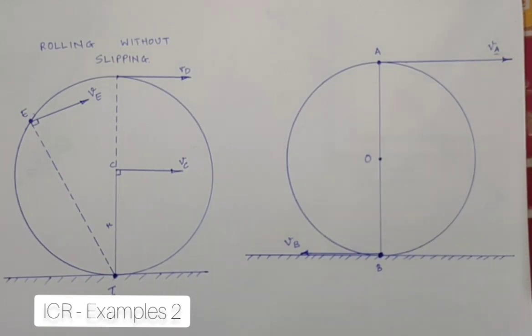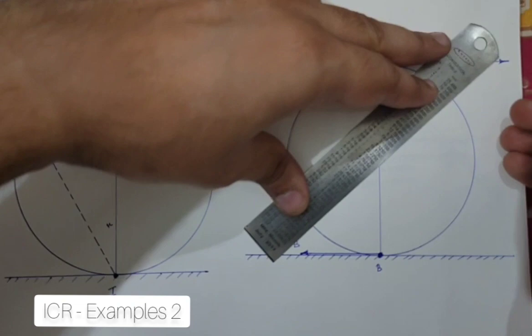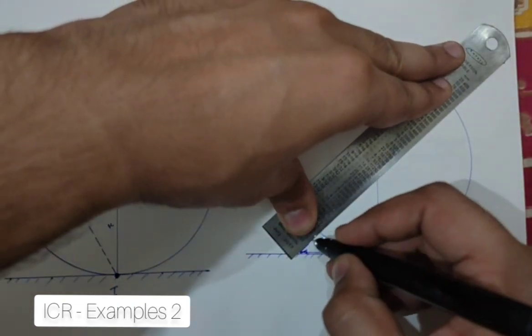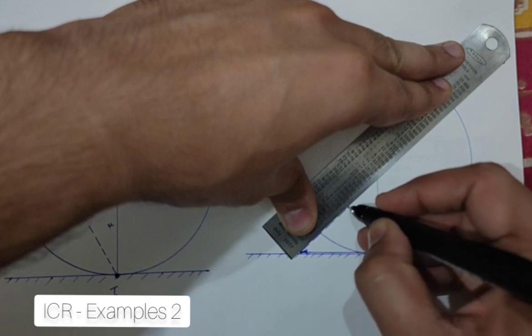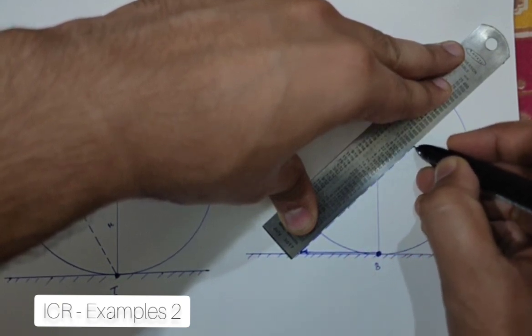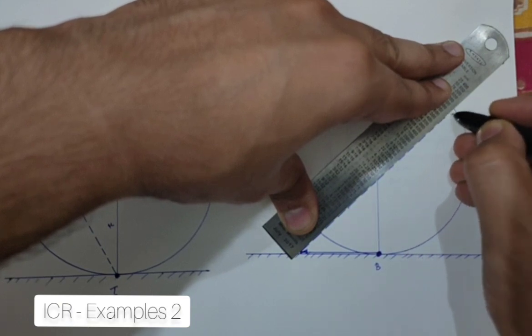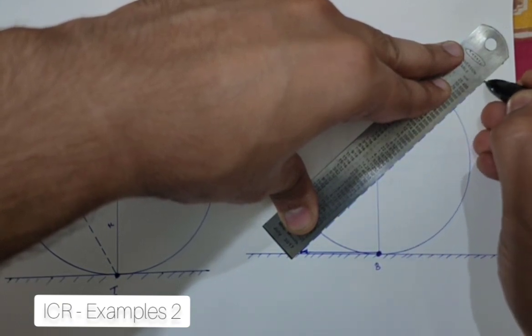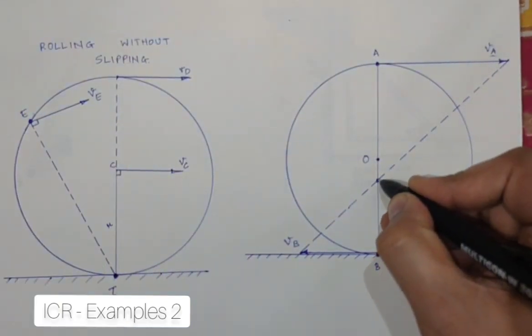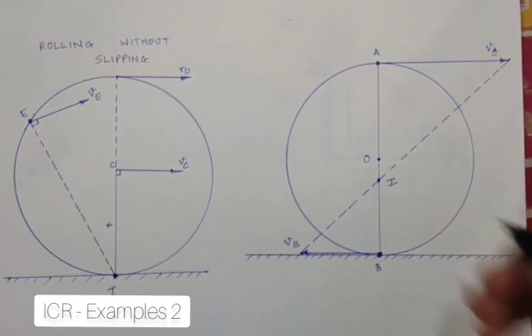And now I will join their heads. The point where they intersect with the perpendiculars drawn is the point called the ICR. So this point over here becomes ICR I.